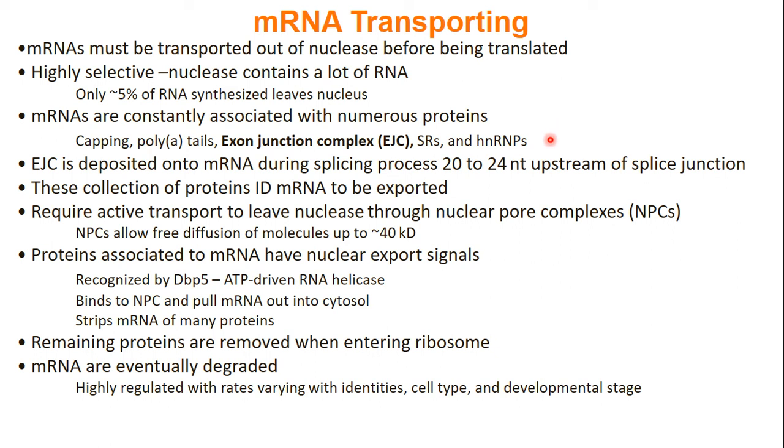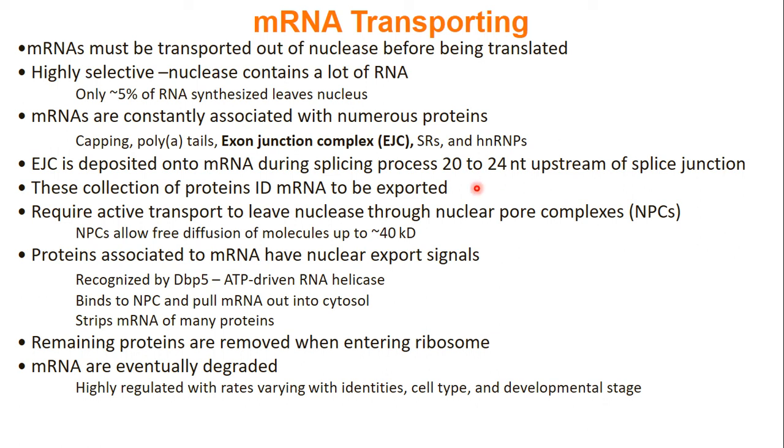During the splicing process, EJC is added about 20 to 24 nucleotides upstream of the splice junction. And this will sit there, and along with all the other proteins that are with mRNA, it is thought that these proteins serve as an ID to the cell that this mRNA needs to be exported out of the nucleus.